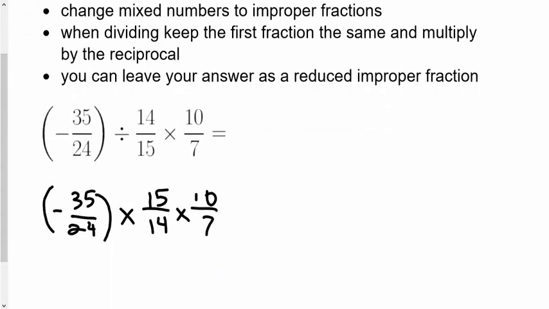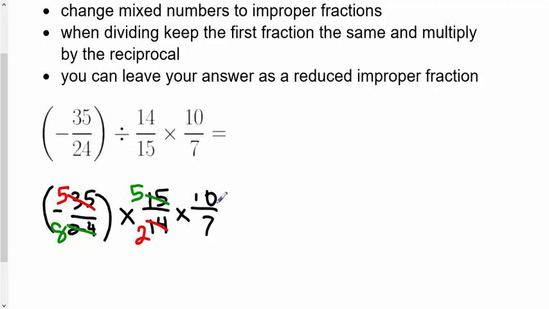Now I'm going to see where I can cross reduce. So I can cross reduce with this 35 and this 14 because 7 goes into 14 twice and it goes into 35 5 times. I can cross reduce with this 24 and this 15 because 3 goes into 15 5 times and it goes into 24 8 times.